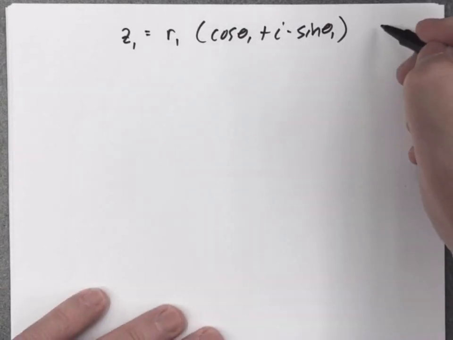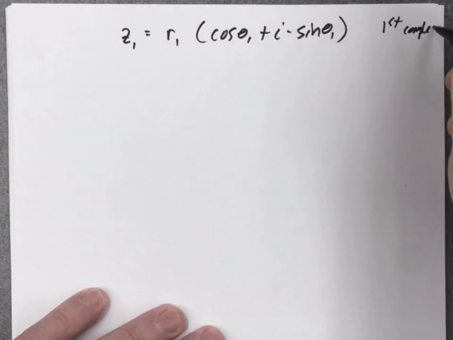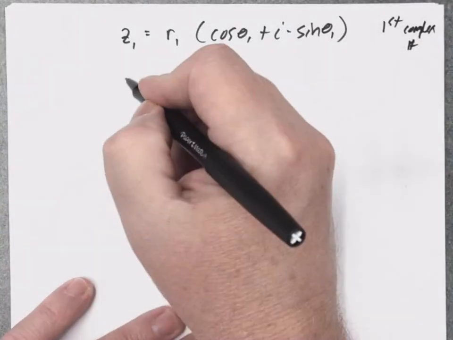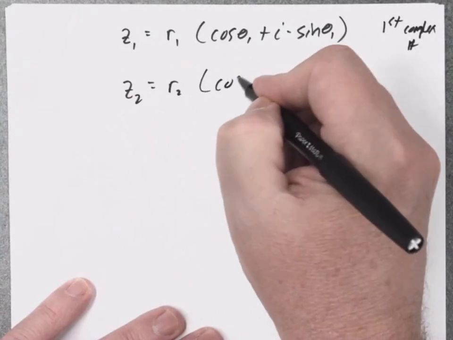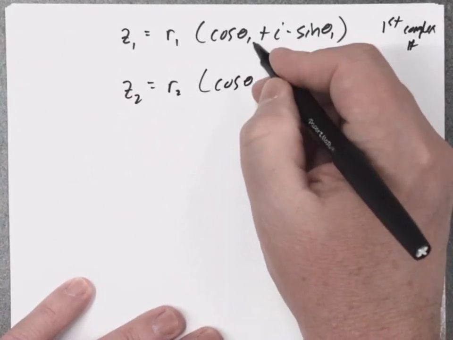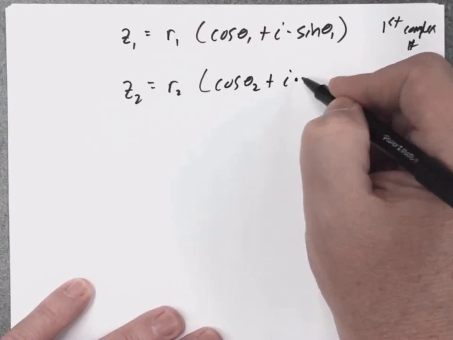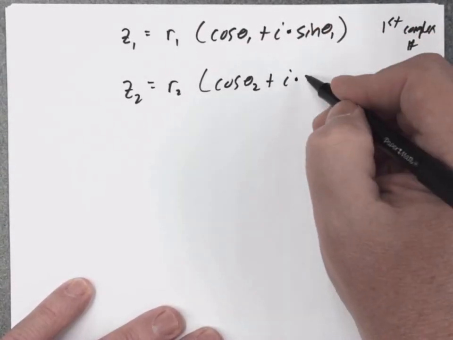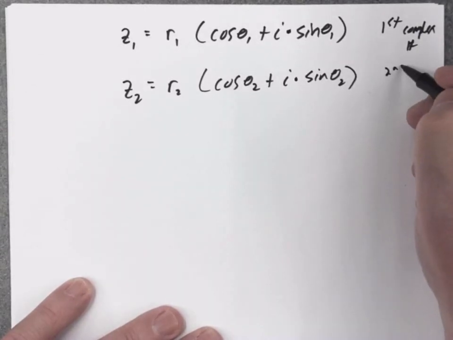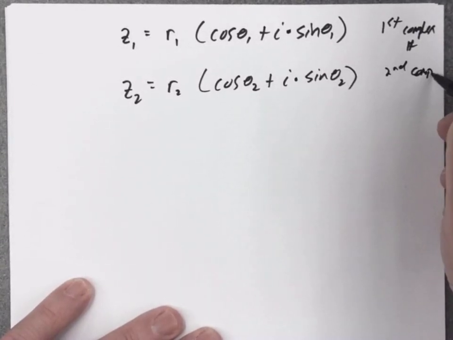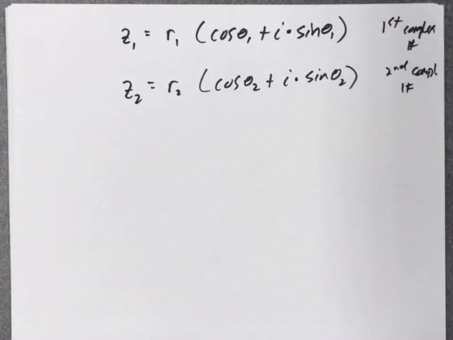So this is my first complex number. And now I'm going to have a second complex number, and it's going to look the same, except instead of all these subscripts of 1, I'm going to put subscript 2. So here's my second complex number. Now they're going to do two things.